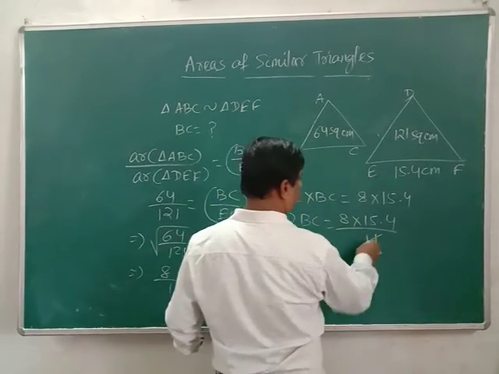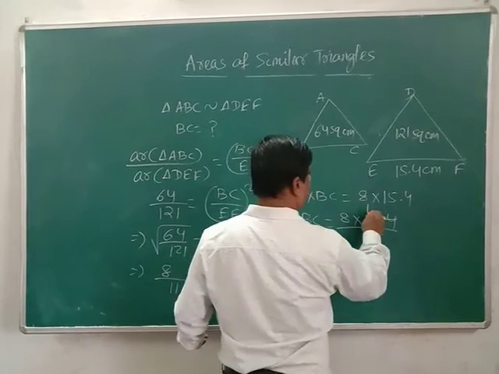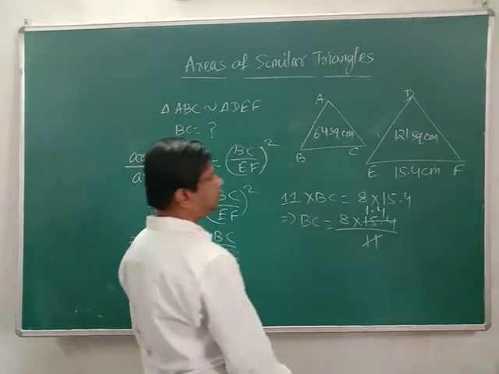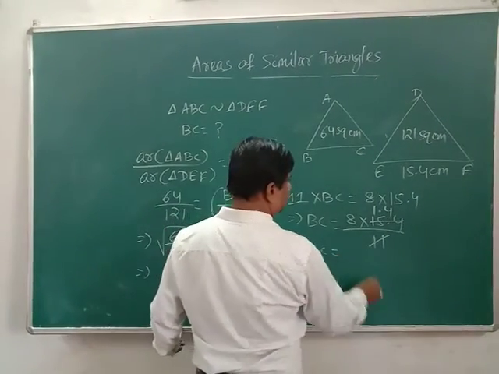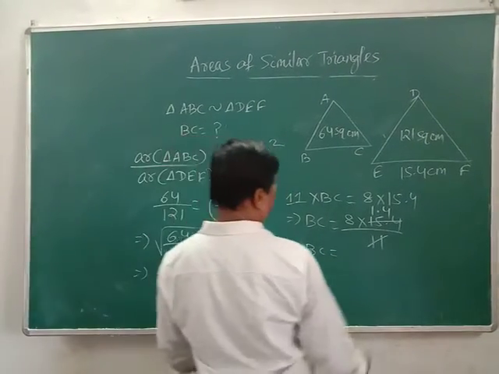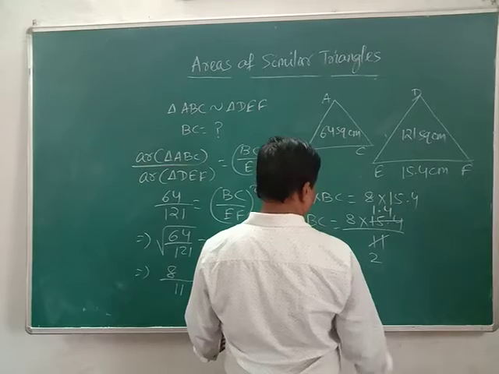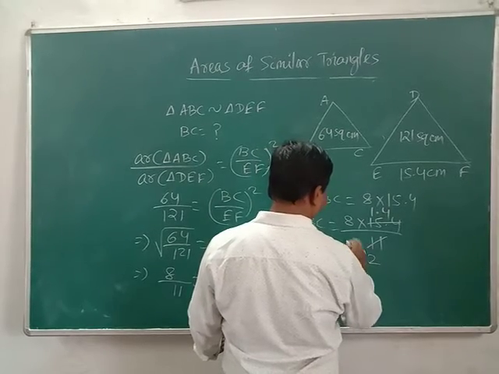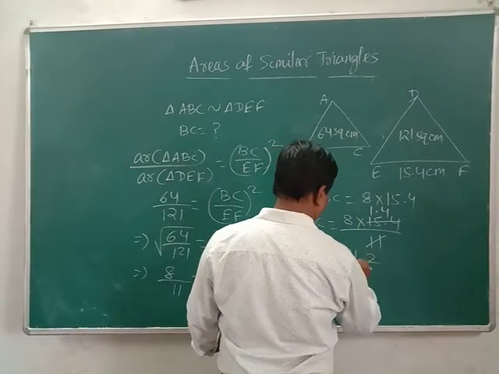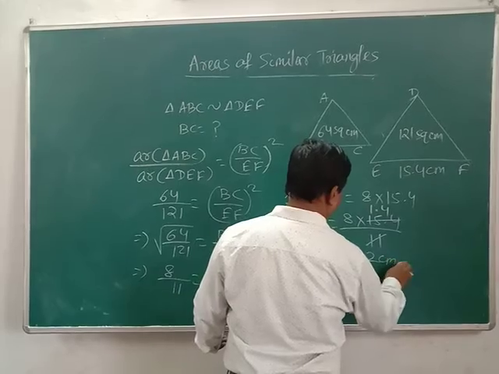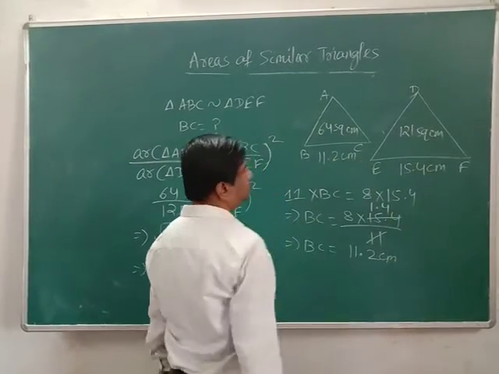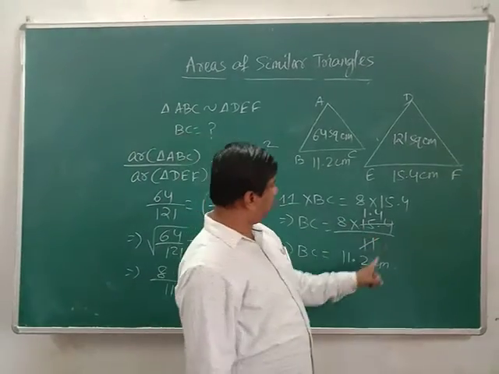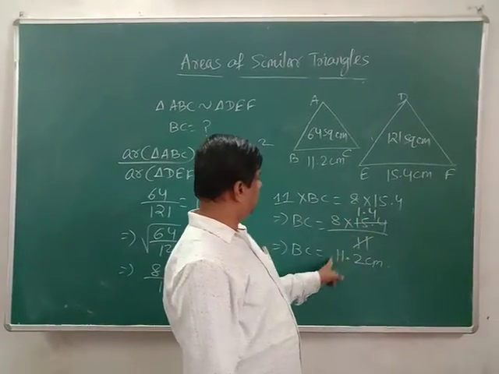If you cancel it, 1.4. So BC is equal to 8 into 1.4. What is 8 1s are 8, then 11. So this is 11.2. Did you understand? 8 4s are 32, 2 carry, 8 1s are 8, 11.